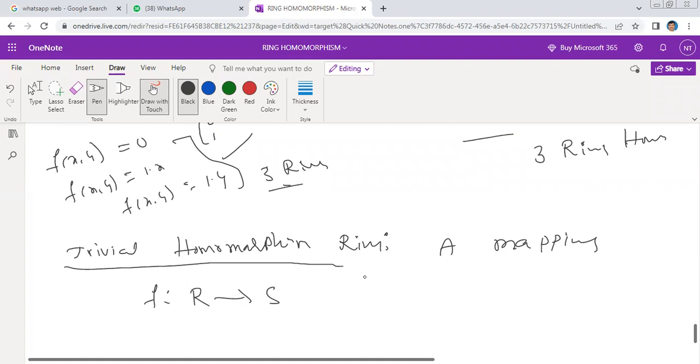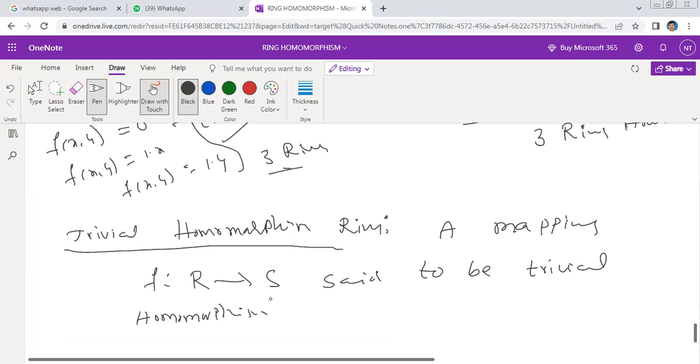A mapping R to S is said to be a trivial homomorphism if f of x is equal to 0 for every x belonging to the domain R. So this mapping is called a trivial homomorphism.